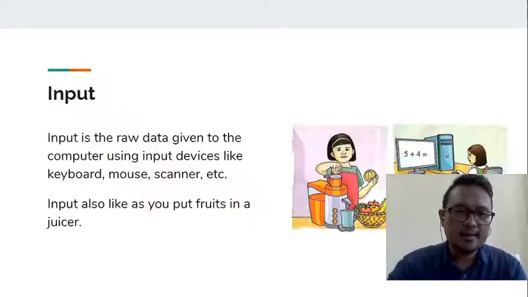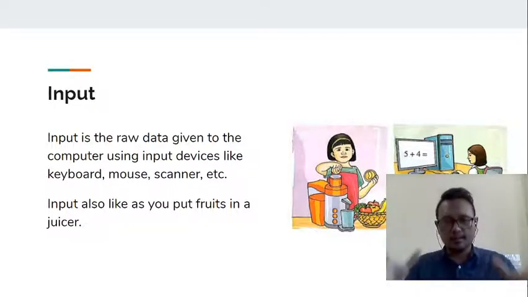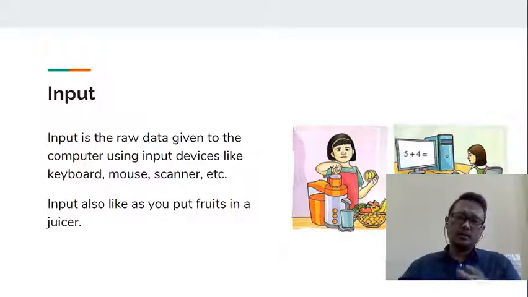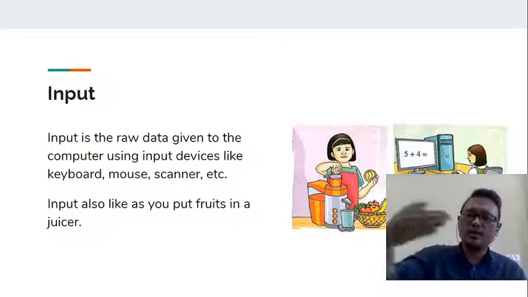Okay? Okay, let's start. I'm going to explain something about input. Input in English terminology, it's something that you go in. If you imagine you go to store or you go to mall, from the parking lot you go in to that mall. Okay? Go in.